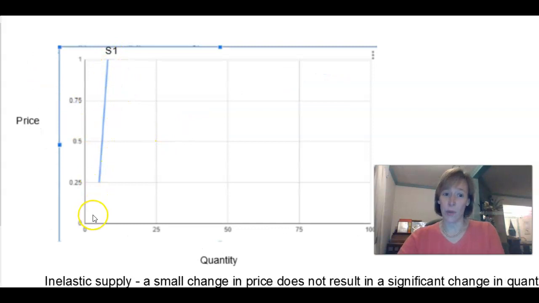With this visual demonstration, we're seeing inelastic supply because we're seeing that a small change in price does not result in a significant change in quantity. The price changed, but the quantity only changed a little bit in here.